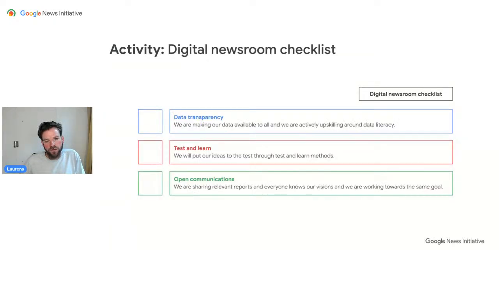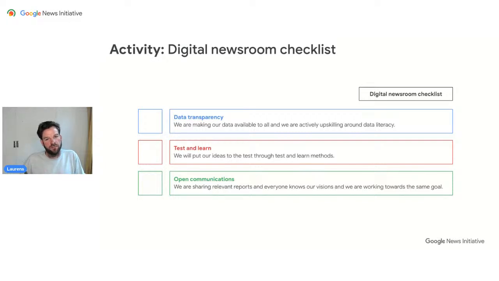Now, another activity you could do is a digital newsroom checklist, and think about, are you transparent around your data? So which data do you have, and why could it be important for everyone in the newsroom to access this data or get this data on a frequent basis? Secondly, are you putting your ideas to the test through test and learn methods?